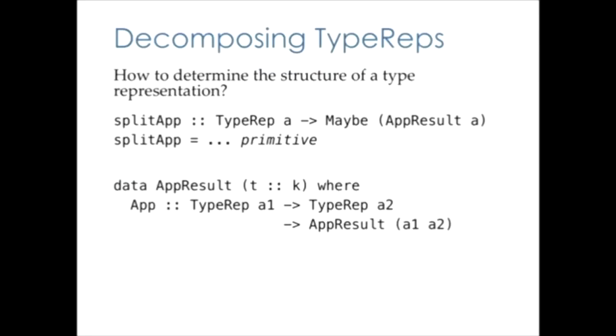And if we have an application, it's going to give us the pieces of that application: the representation of the function, the constructor, and the representation of the argument. And then we pattern match on that result. That will allow us to actually examine the structure of that type. So let me show you how that works in the context of dynamics first.